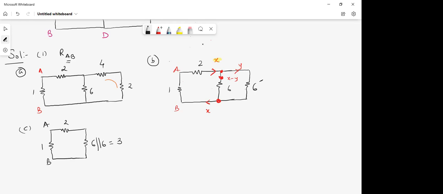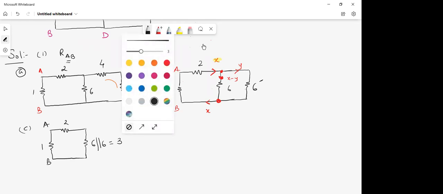Now again, start asking yourself if there is anything in series. Is anything visible in series? What is that? 2 and 3. Okay, good. So these 2 and 3 are in series.